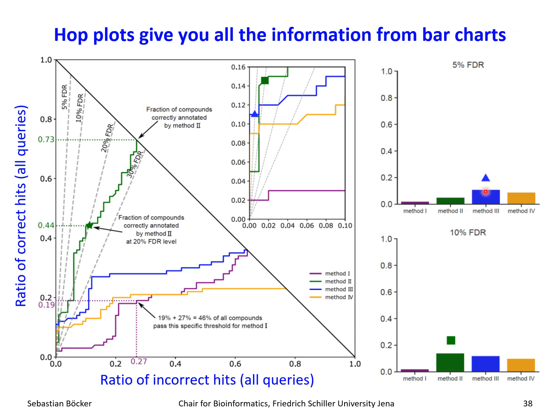And so if you want to know method 3, 5% FDR, where is that in the hop plot? It's actually here. It's also a blue triangle, and it's exactly the 11% that we reported here, because this is the last time that the blue line intersects this 5% FDR line. Okay, and so you can simply look where it intersects that, and that's exactly the number you report here.